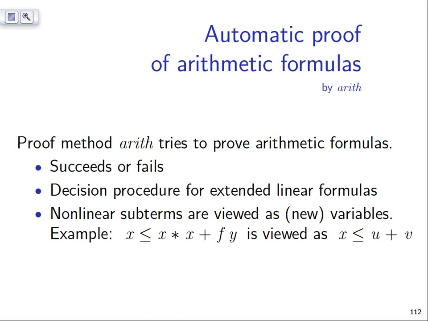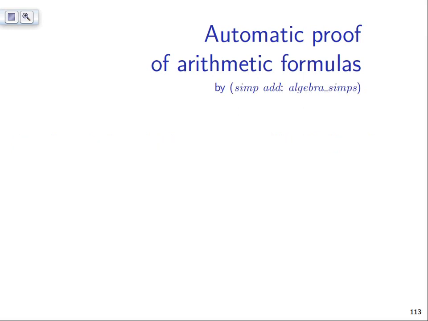Whereas this formula may actually be provable if you know, for example, that f is always positive or something like that. So it can sometimes work even if you have proper multiplication in there, but most of the time it won't.